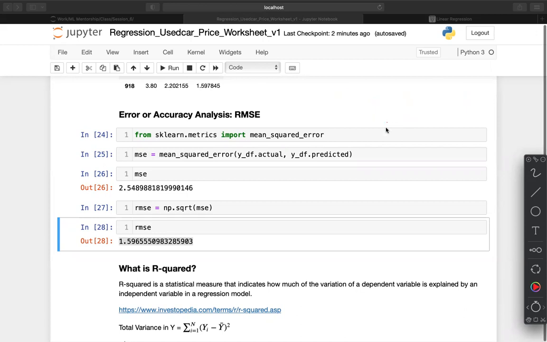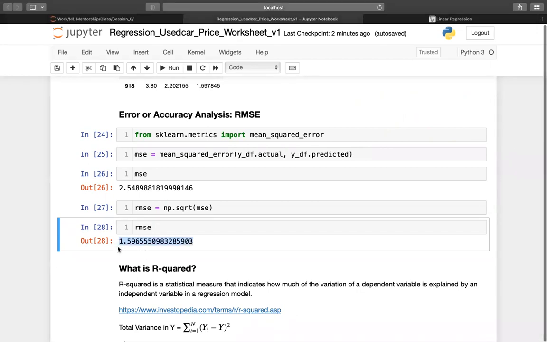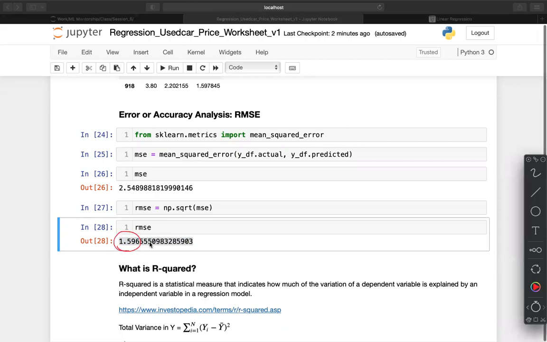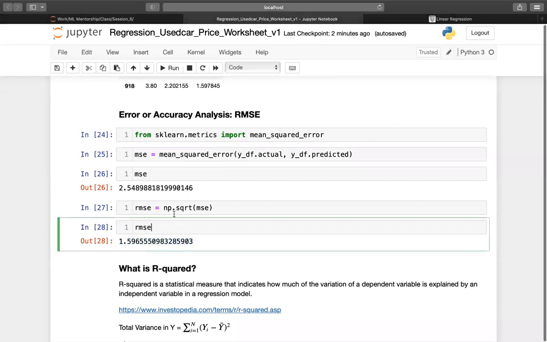If the actual resale price of the car is 5, and you say the car can be sold anywhere between 4.5 to 5.5 lakhs, that would still be okay, but not a very large error interval. And this is fine, because we have only used age as a parameter to predict the price. But the moment you add more factors, of course the accuracy of the model will also increase.